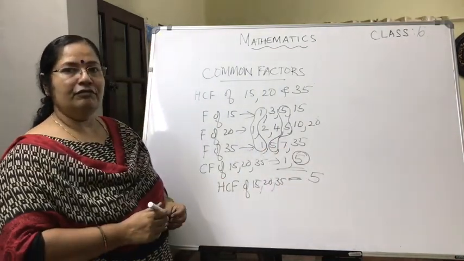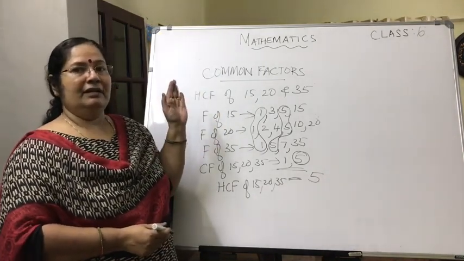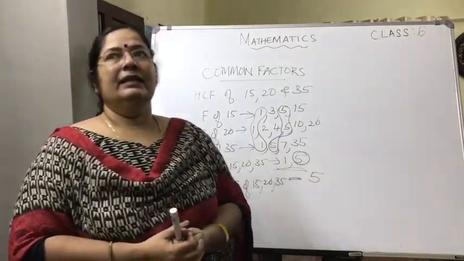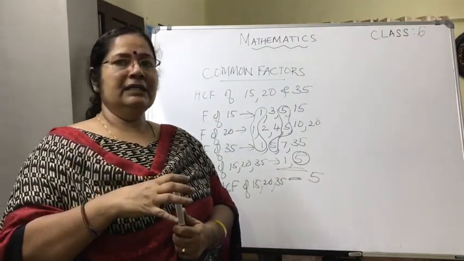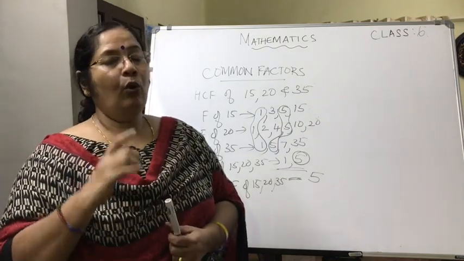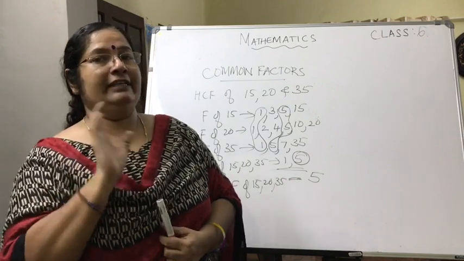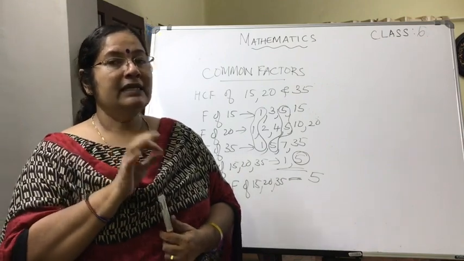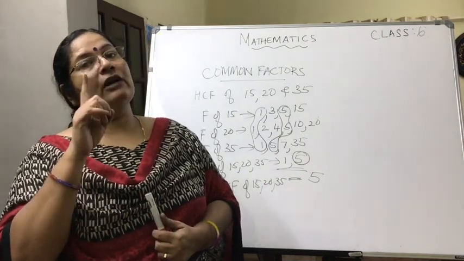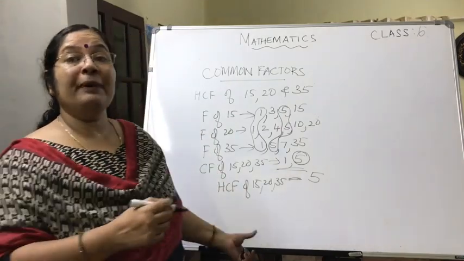Have you understood how to find the highest common factor by this common factor method? Yes. Now another concept regarding this. See, numbers which have only 1 as their common factor are called co-primes.